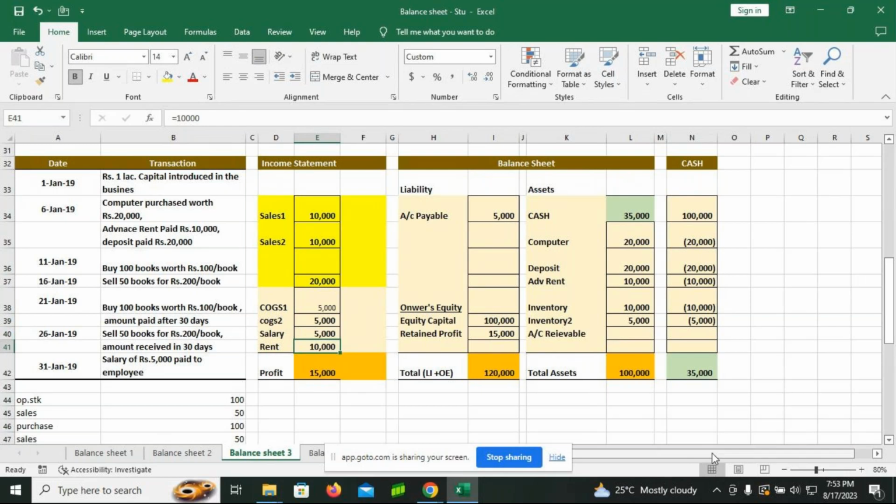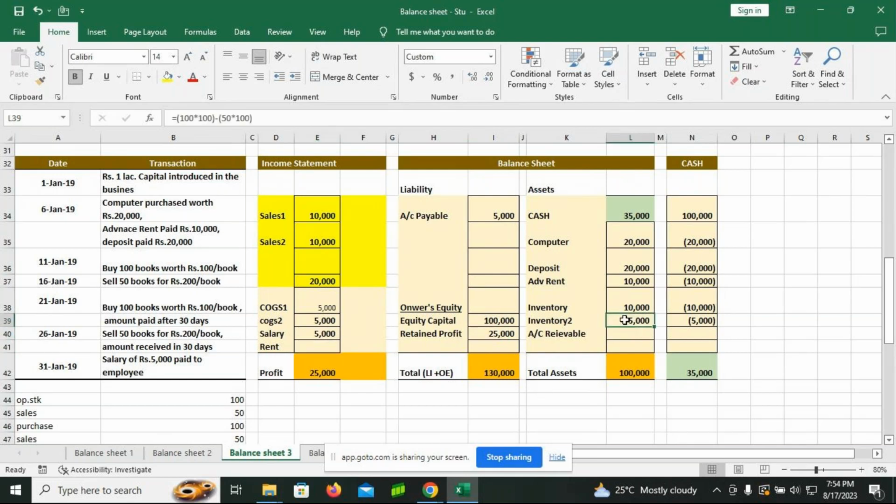So rent, let me not show it here. Salary, rent, computers.